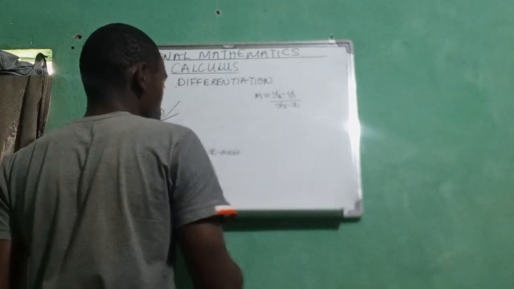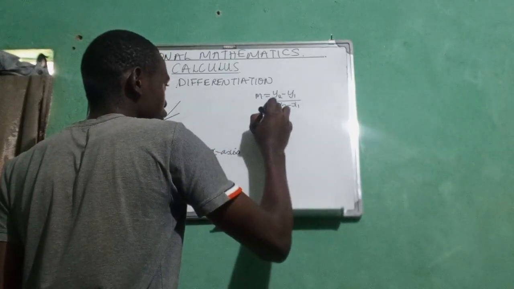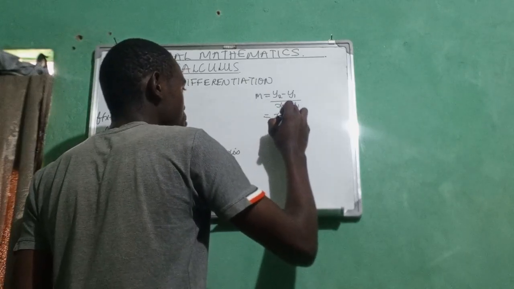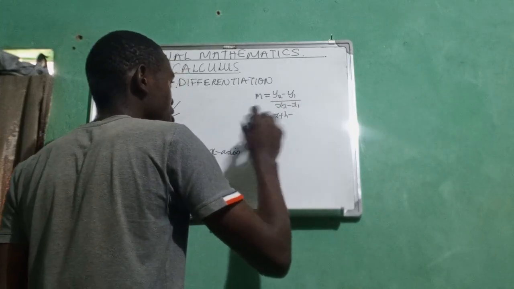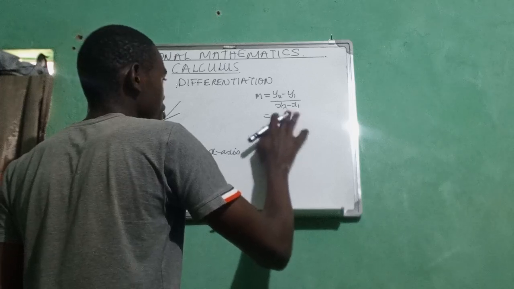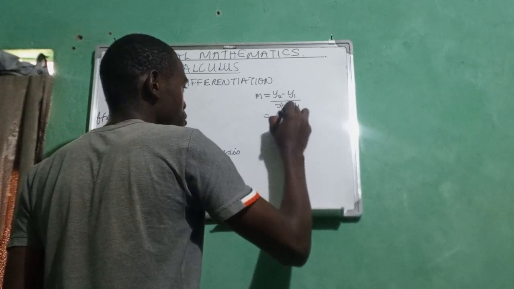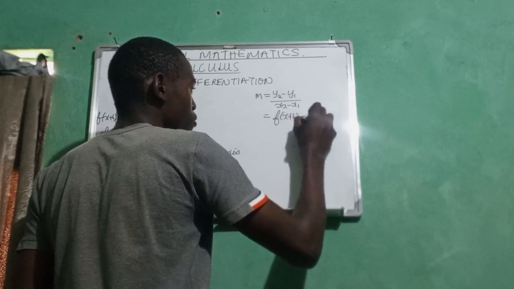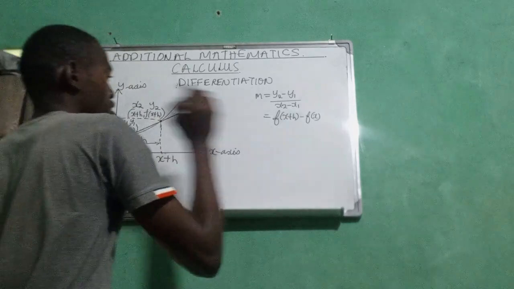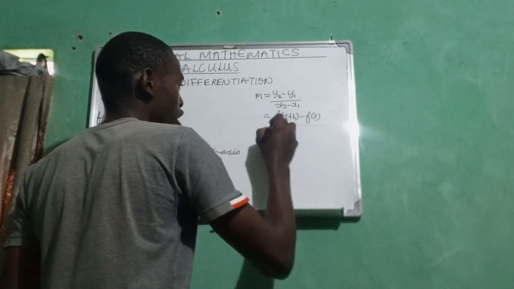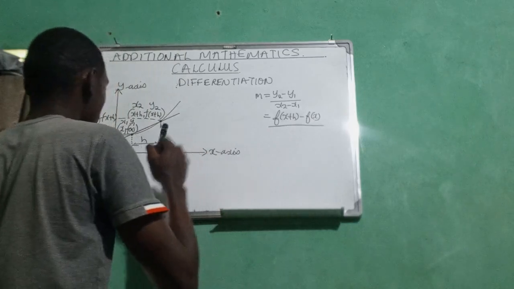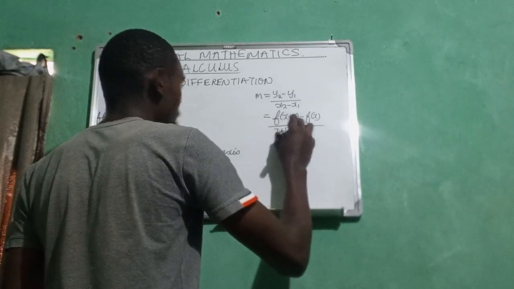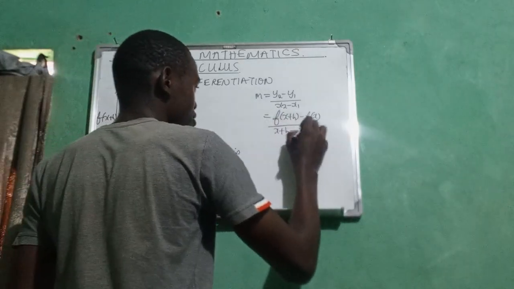So our m would be equal to y2, which is f of x plus h, minus y1, which is f of x, over x2, which is x plus h, minus x1, which is x.